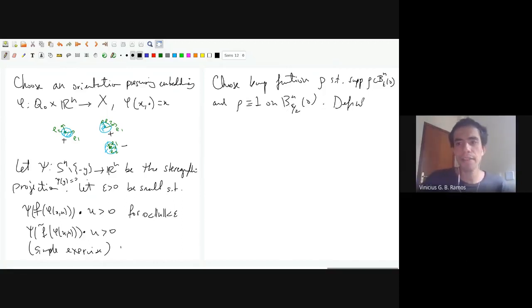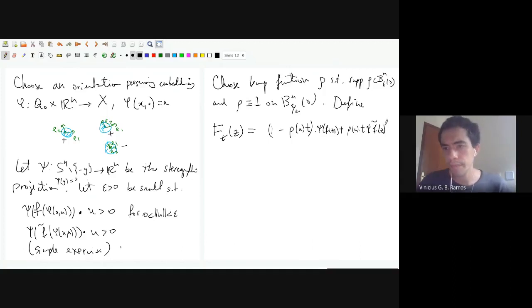Now you can define the homotopy ft of z, so that's going to be 1 minus rho of u t times psi of f of z plus rho of u t psi of f tilde of z. That's right.